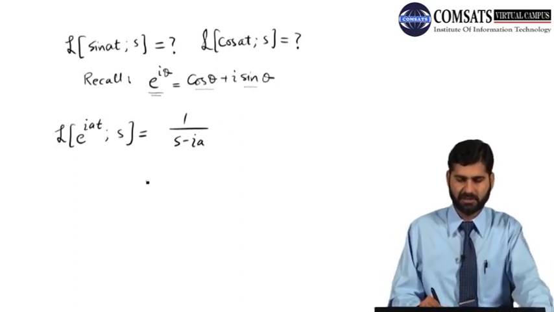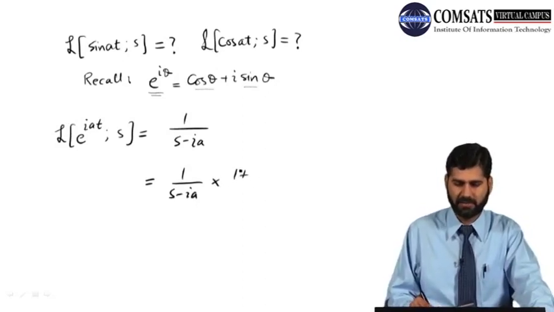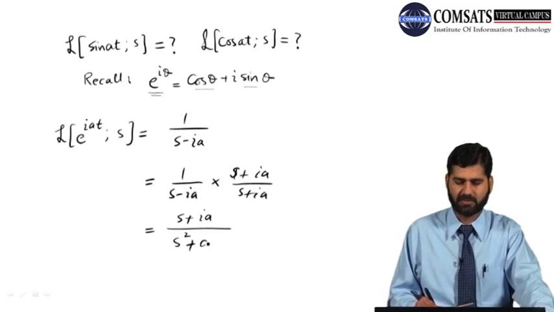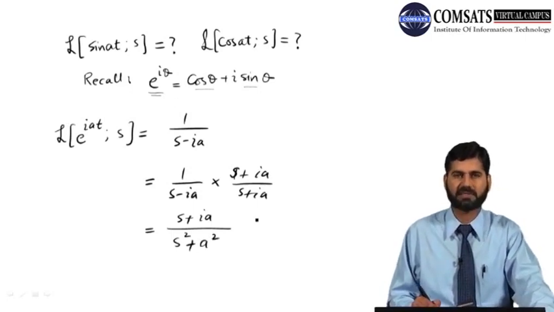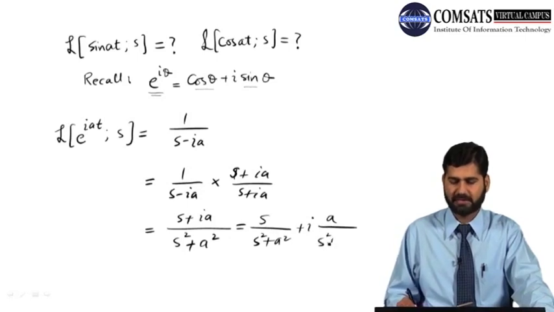Now s minus iota a is complex. So if you multiply and divide by s plus iota a, what you will get is s plus iota a divided by s square minus iota square a square, which will make it plus s square plus a square. So that is s over s square plus a square plus iota a over s square plus a square.